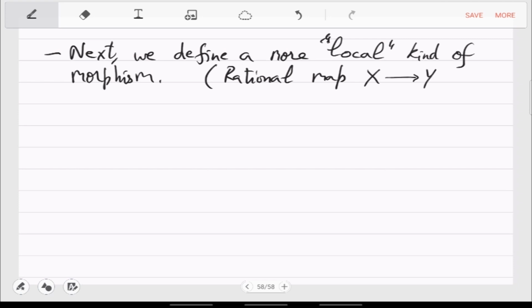We can write it maybe to make the arrow different, with rational on top. So, we will define how to compare X to Y in a more local sense, without asking for definition everywhere. Okay.